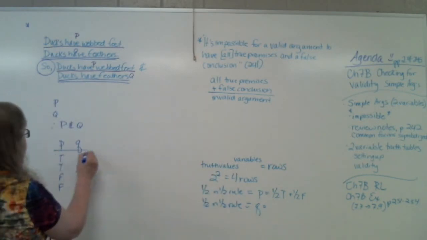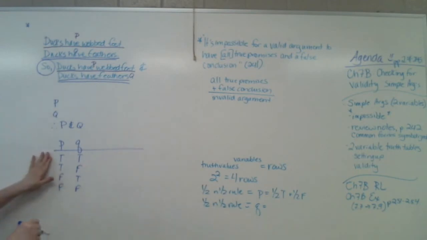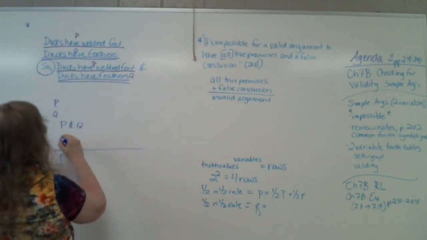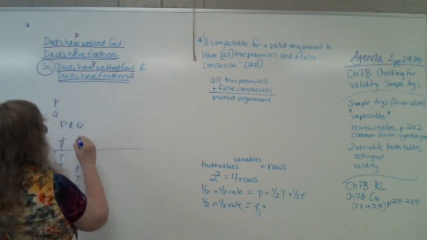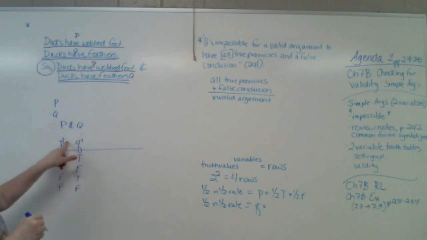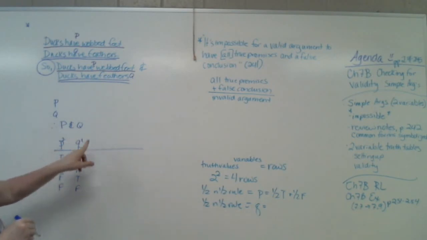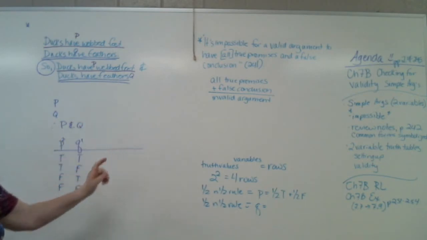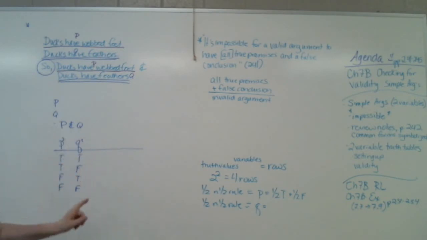So I know I'm going to have 4 rows, and I know that my first variable, my P, is going to be half true and half false, in this case 2 and 2. My half rule from here, okay, this is 2 and 2. This one is going to be 1 by 1. It's half of that. Okay, that's how the half and half rules. So it's half of that, so it's going to be 1 by 1. So true, false, okay? Your last variable will always be true, false, true, false, true, false. Okay? It's half and half.